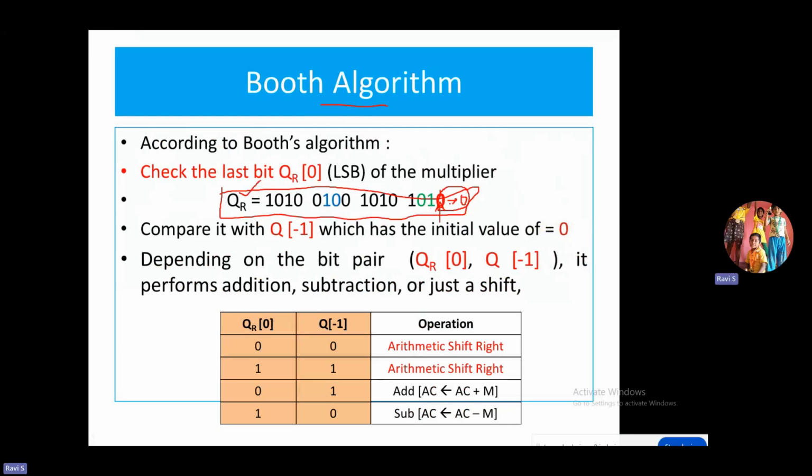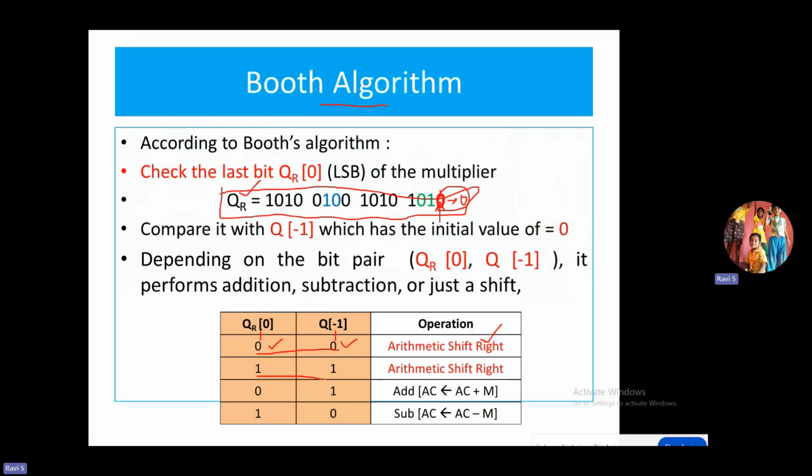The pair of bits decides what type of operation we perform. When both values are 0, 0, the current LSB bit and the previous one, we perform only arithmetic shift right, no addition or subtraction.